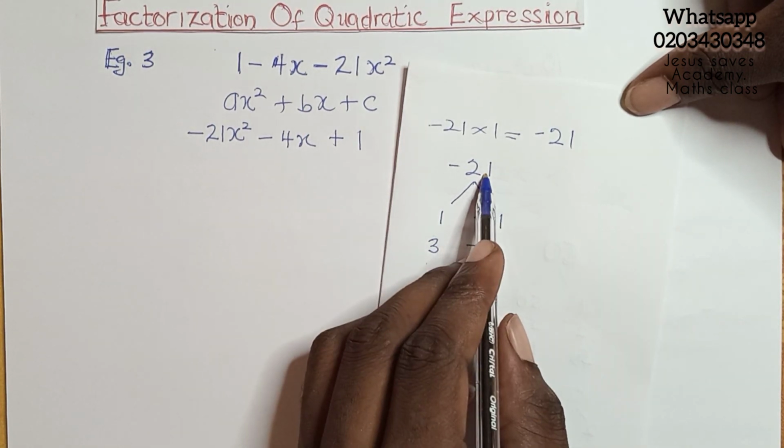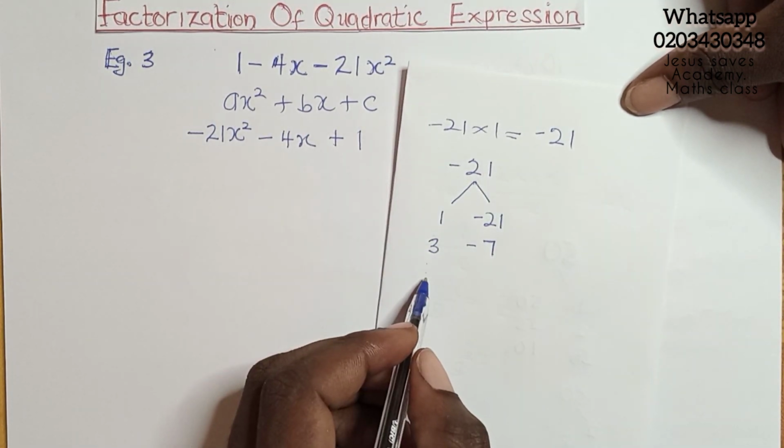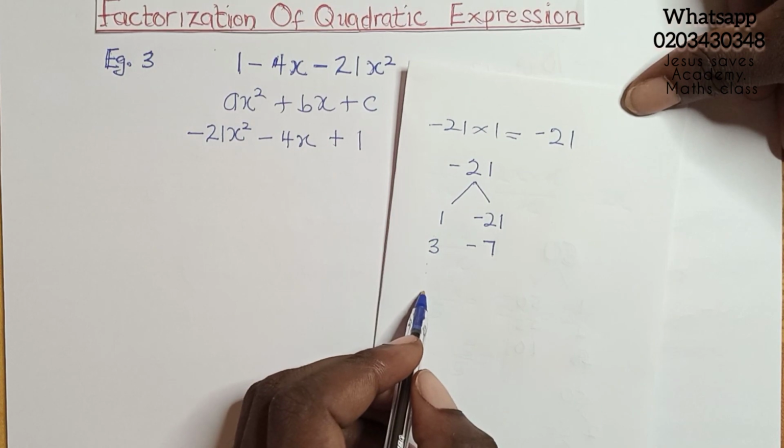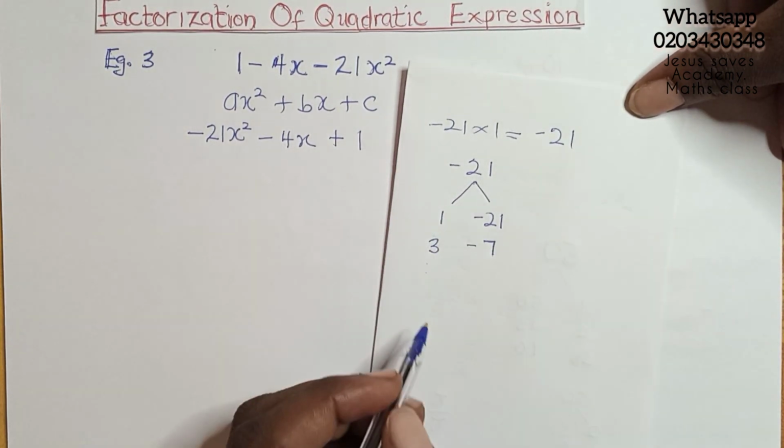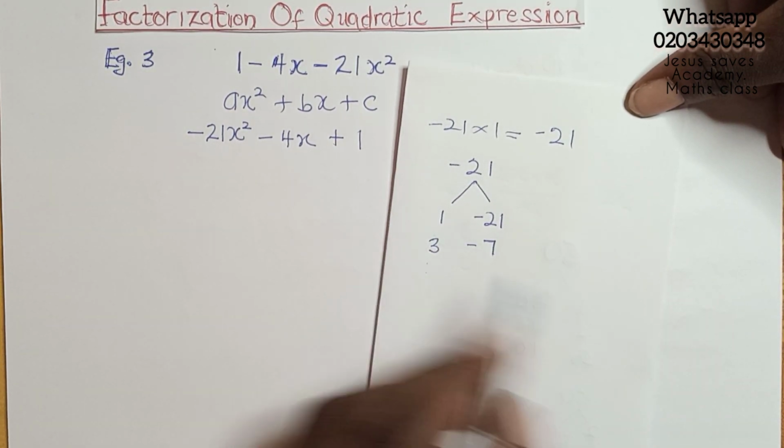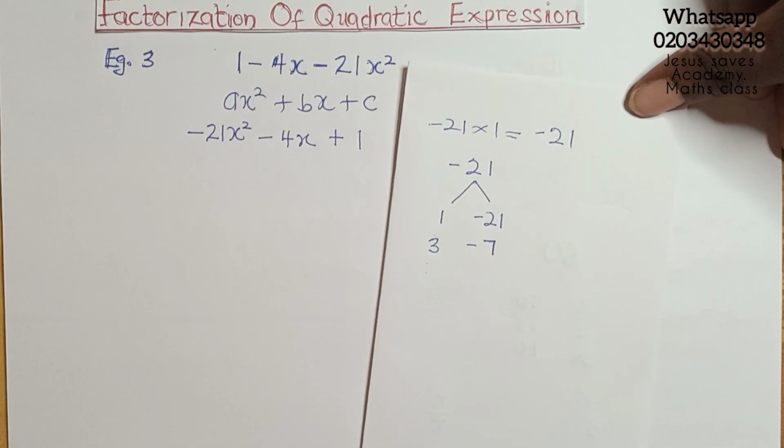6 cannot divide. Let's move to the next number. 8 cannot go. 9 cannot go. So these are the only factors for negative 21.